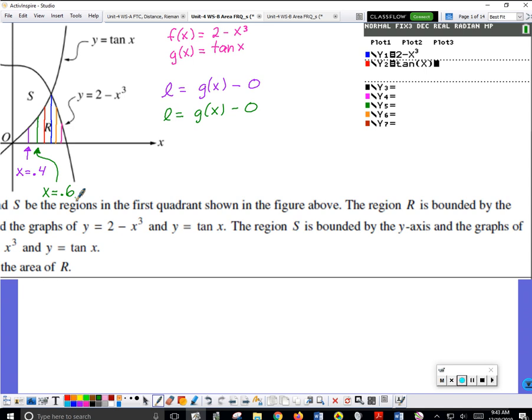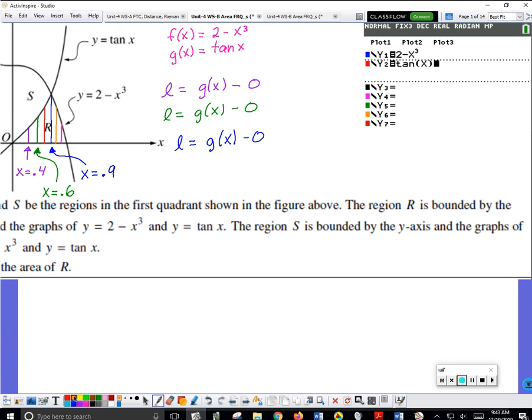Keep going. The blue rectangle, length is going to equal g of x, subtract 0, except that the x-coordinate here is somewhere about 0.9.